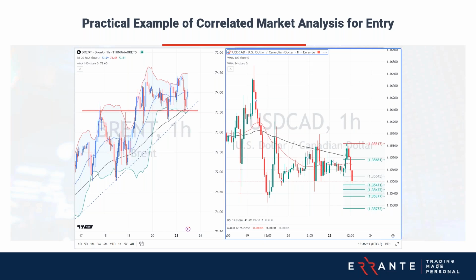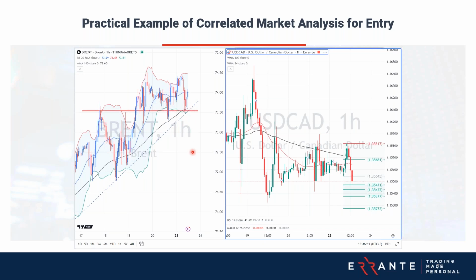And keep an eye on Brent oil, if you want to use the correlated market analysis for exit as well. If it breaks below its 73.50, as you see here, it means it is now getting into a new downtrend.